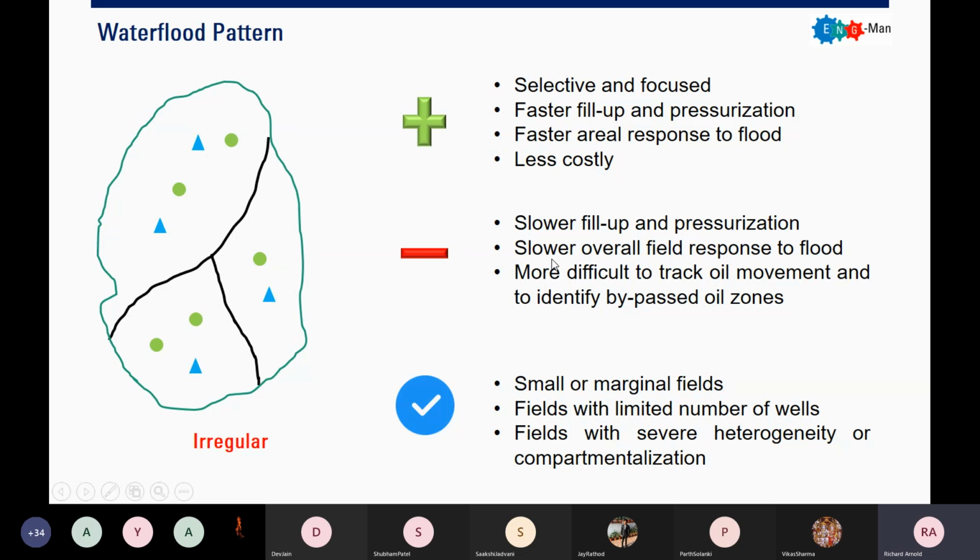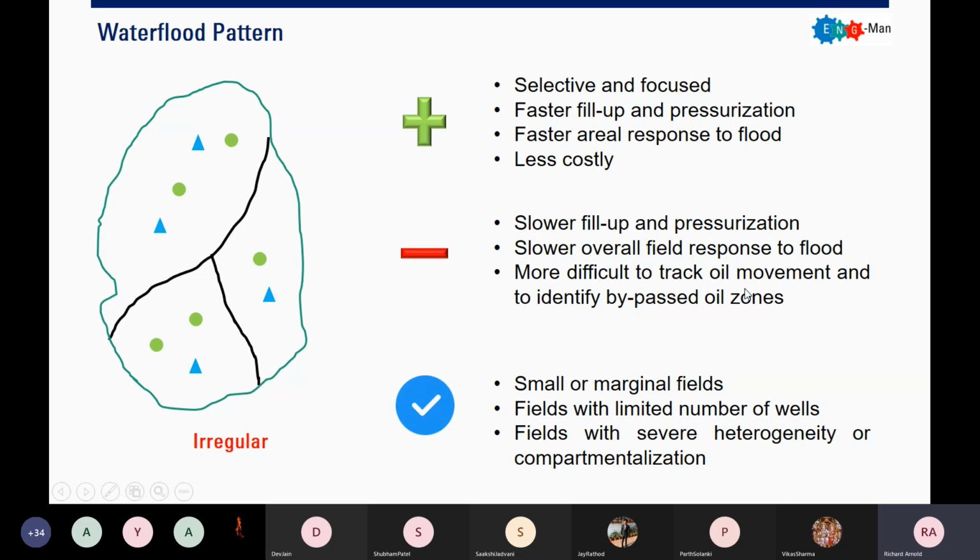Okay, but of course, if we talk about overall, it will give us slower fill up and pressurization. It will slow the overall field response to flood. And actually, it will give us more difficulty to track oil movement and to identify bypass oil zones.